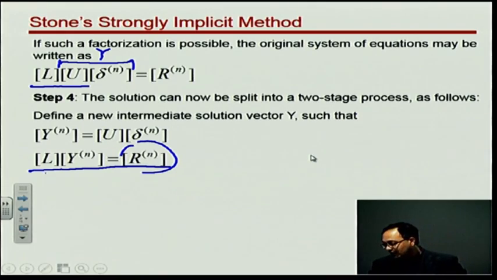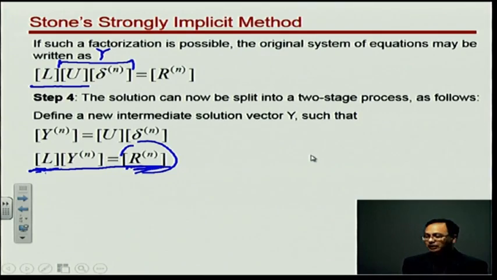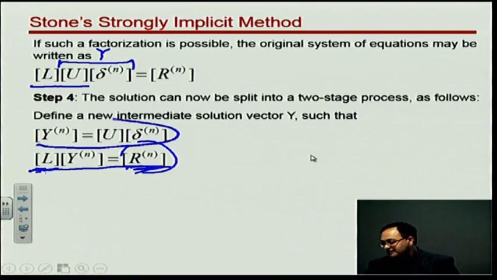I know my L matrix because L and U have been derived out of factorization of A. So I can solve for Y. If I can solve for Y, then I can solve the second equation because I would know my U matrix and I know my Y from the solution of the first. I can determine my delta.